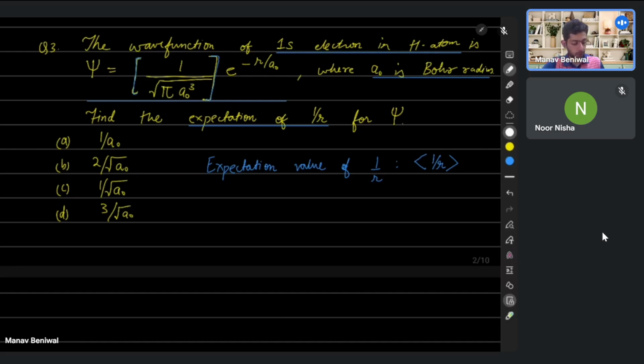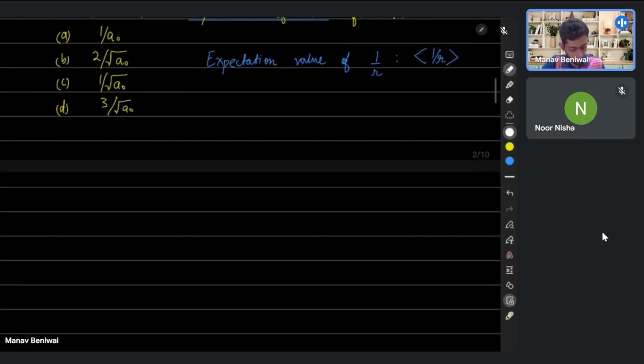So here we are given 1 over r, and the formula for the expectation value, let me write down here. We have the expectation value of 1 over r, so this is just simple integration, and here we write our function which is 1 over r, and then we have mod psi squared dr, right?